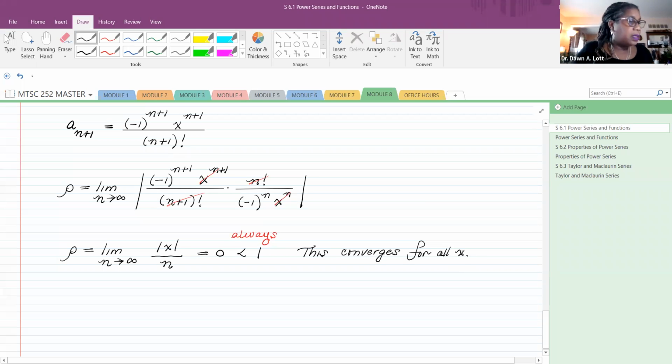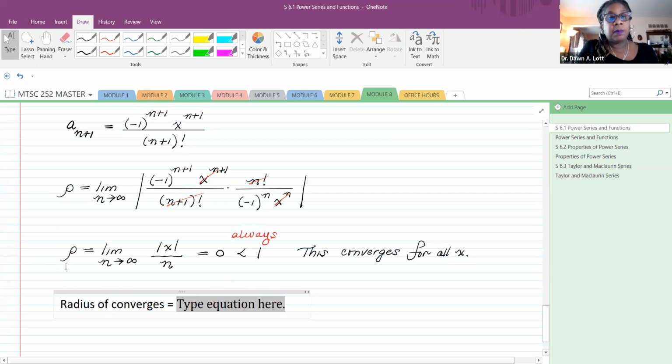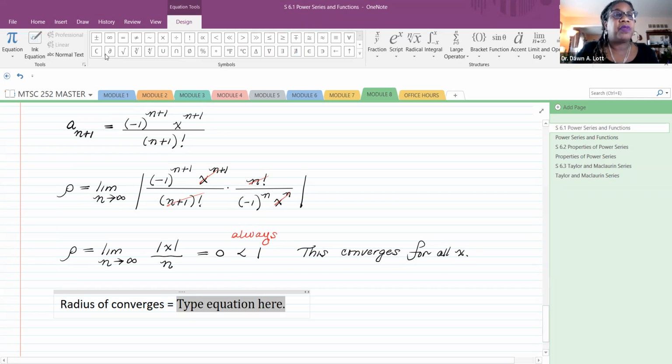Okay, so we want to write this out. We can say now that the radius of convergence, that means how far does it converge from 0, well, that is just infinity. It converges for everything, so the radius is infinity.